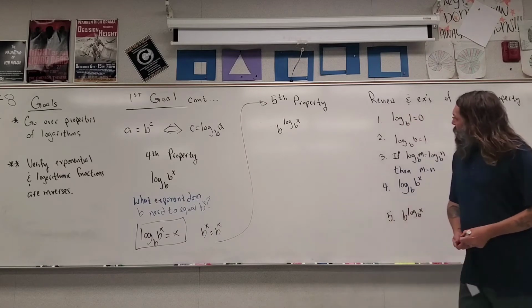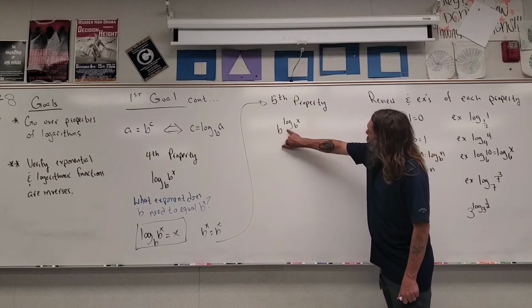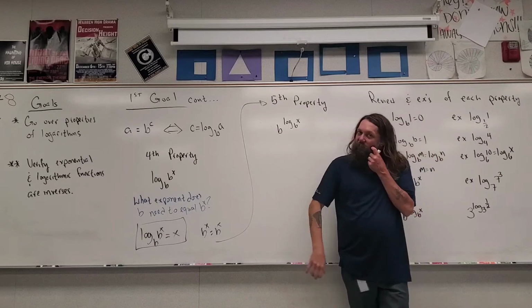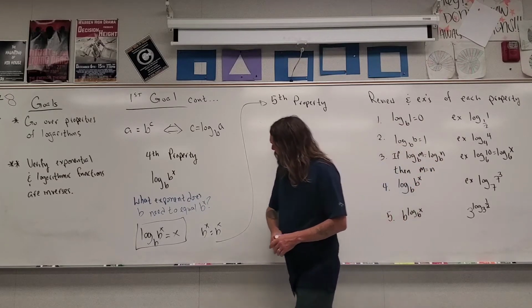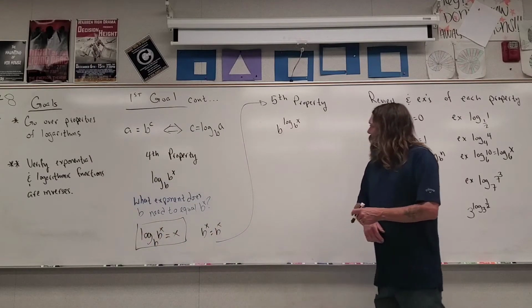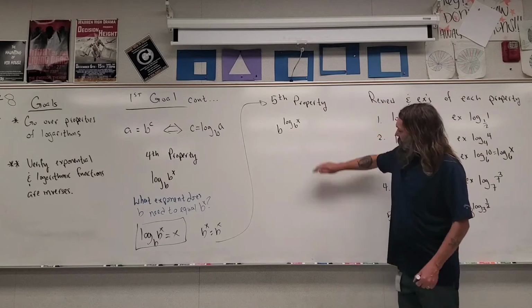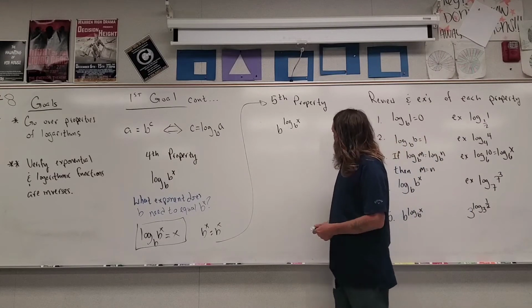All right, our fifth property is b to the power log base b of x. Now, this is not a logarithm, it's written as an exponential, but I think that we can all agree that b to the power of a number must equal a number, right? So let's translate that. b to a power must equal a number.